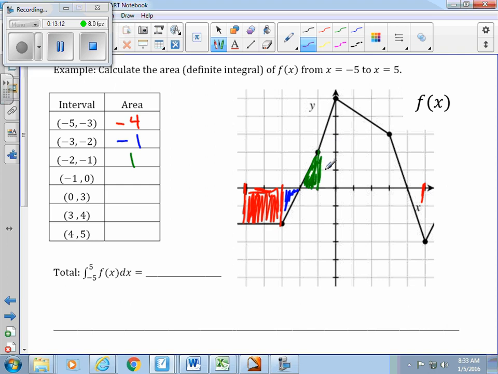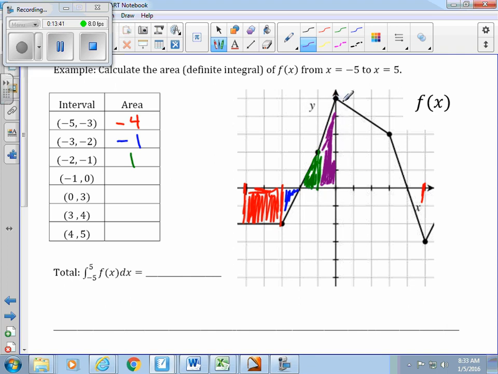But okay, then we go from -1 to 0. This one you could break up into a triangle and a rectangle, but for something we're going to do in the next couple of days, you will need to be able to find the area of a trapezoid, so I'm going to call this a trapezoid. It has a height of 1, and then it has 2 different bases, one of 2 and one of 5.